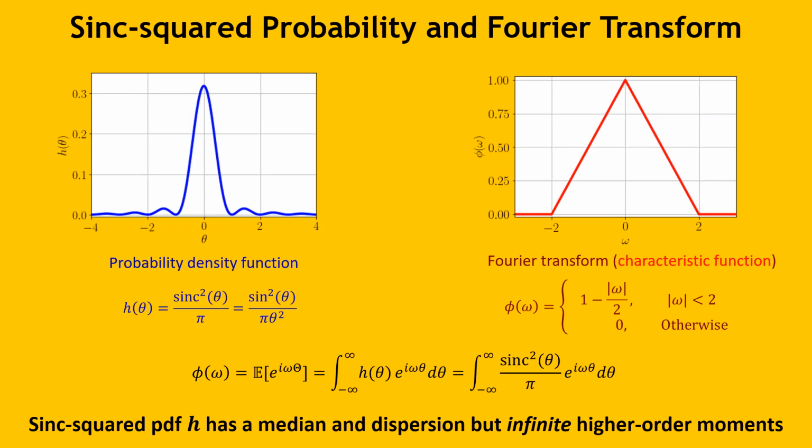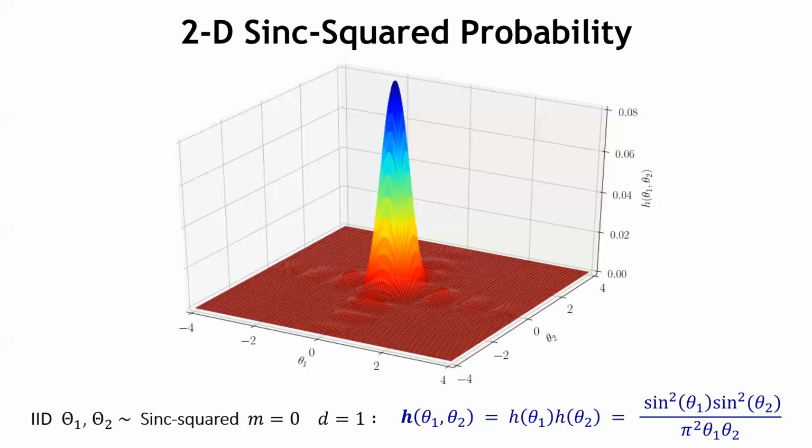Its Fourier transform, or characteristic function, is just the red triangle you see on the right. Now, this probability has random variables with medians and widths or dispersions, but not variances. Those are technically infinite or undefined, as with the Cauchy distribution, which we'll also look at.